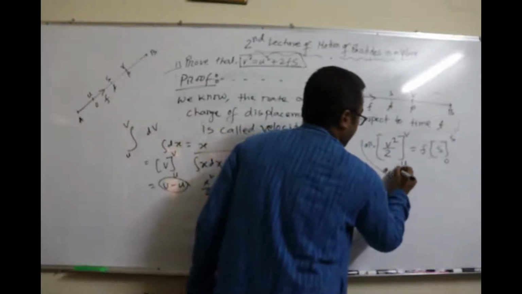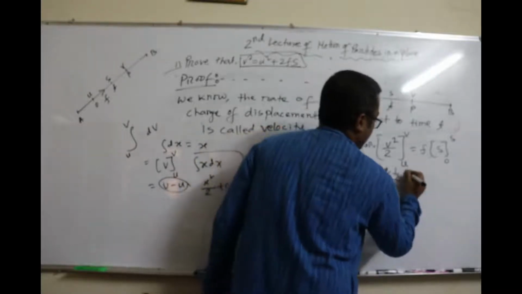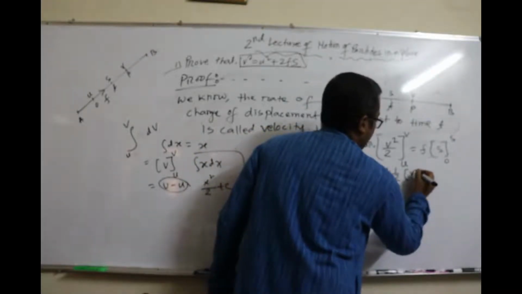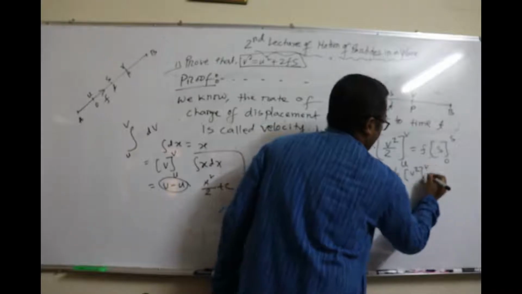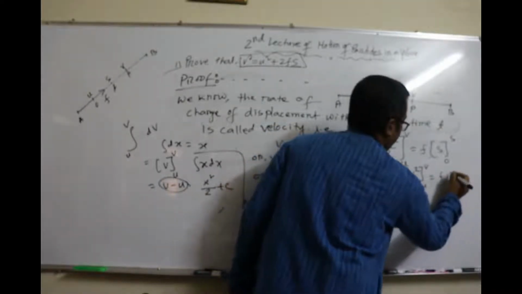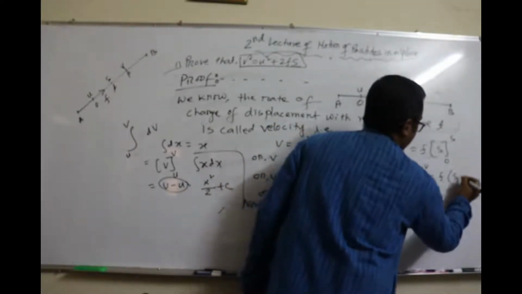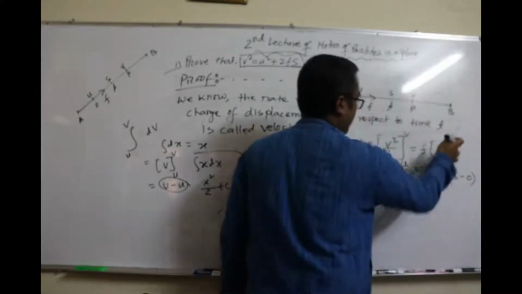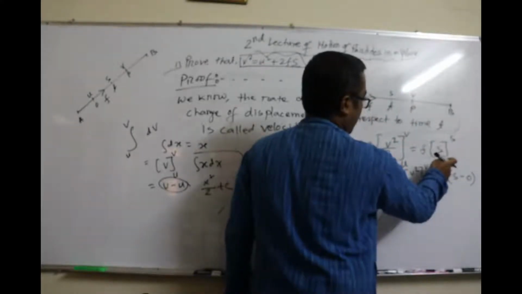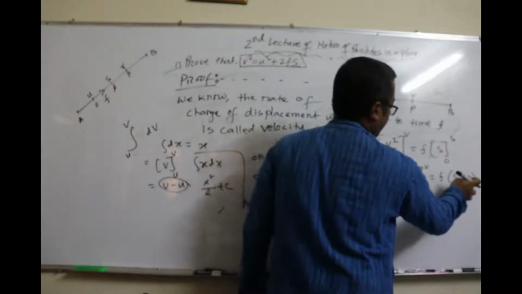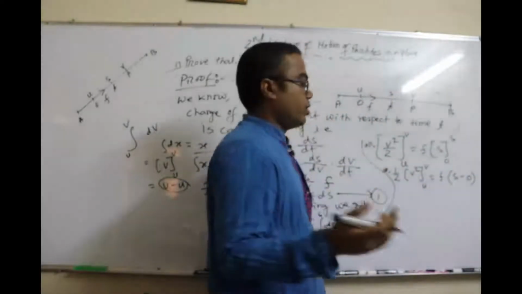The constant term is out of the integration. So v square by 2, upper limit minus lower limit. If you put s here and lower limit 0, then you get s minus 0, upper minus lower.